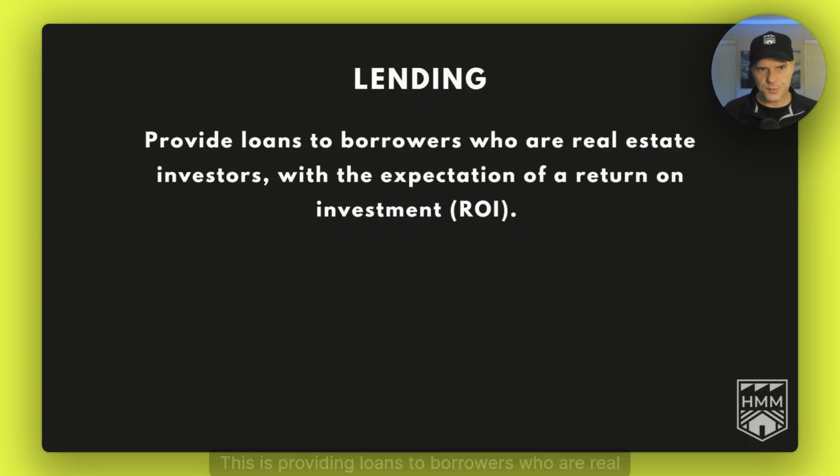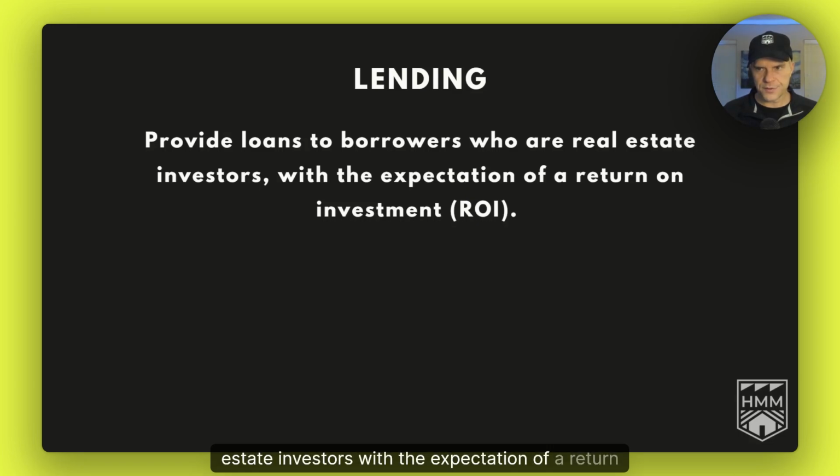Next, we'll cover lending. This is providing loans to borrowers who are real estate investors with the expectation of a return on investment. So if you have money that is idle or is not making the returns that you might like, the opportunity to provide loans to borrowers is always out there. Borrowers who are real estate investors are always searching for funding.